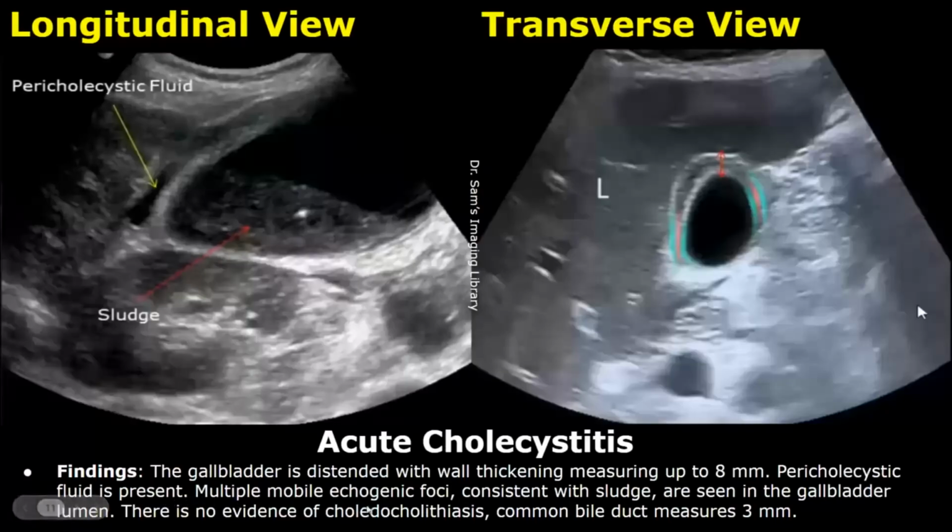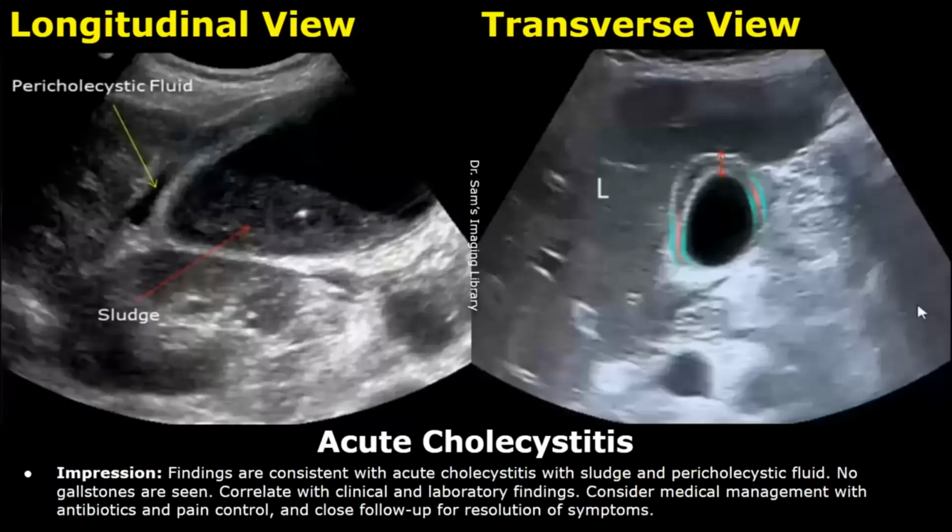If there is sludge or gallstones, you can write about that. In the impression, you can write findings are consistent with acute cholecystitis, and then you can mention the presence of sludge or gallstones, and then you can write about pericholecystic fluid. You must write correlate with clinical and laboratory findings, and then you can write this line about medical management.